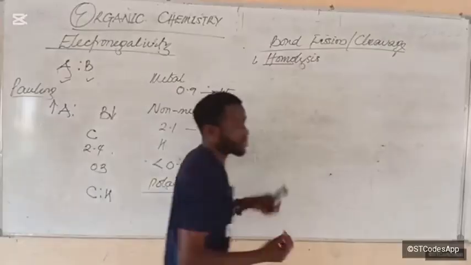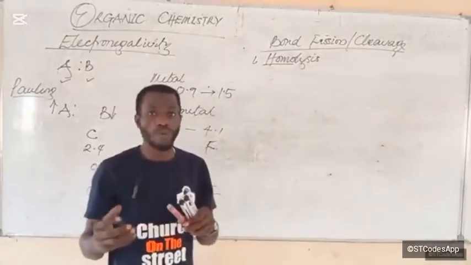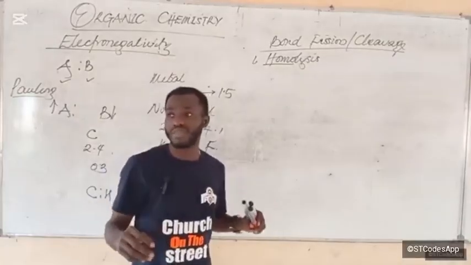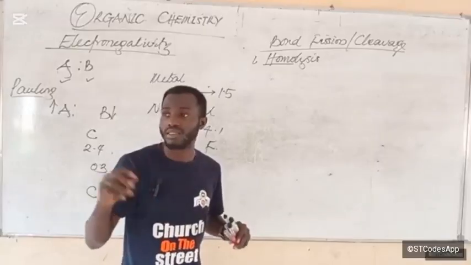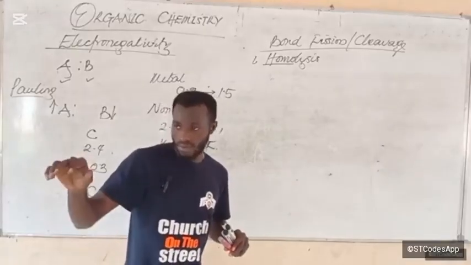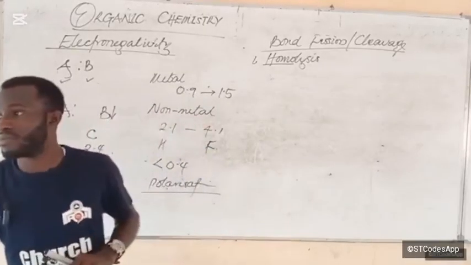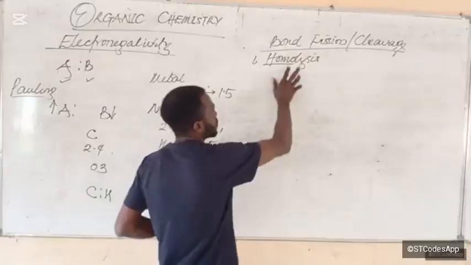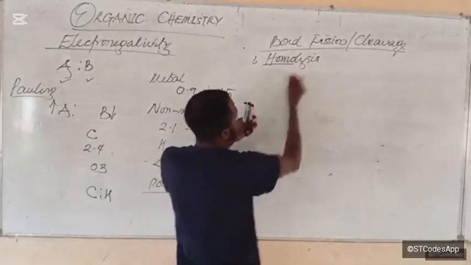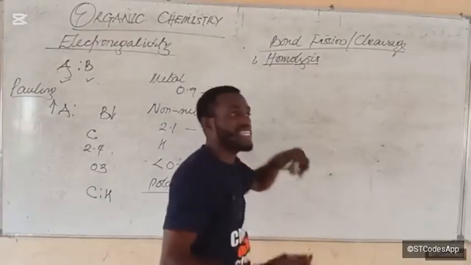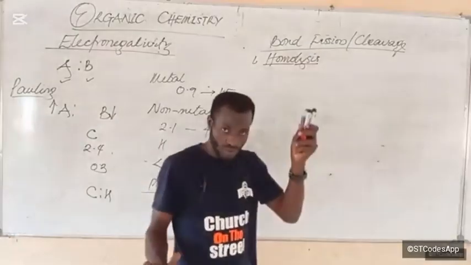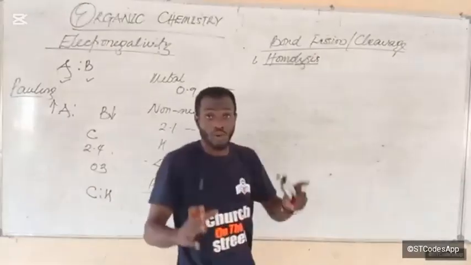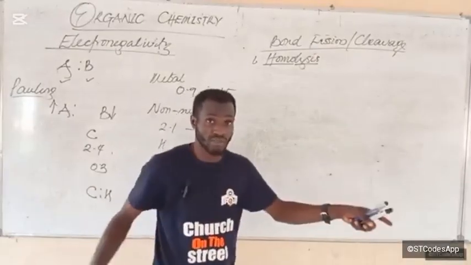Now, the word homo, what does it mean? Homo means equal. And lysis means splitting. So it means that there is equal division. I've told you that fission or cleavage means division or separation of the atoms.